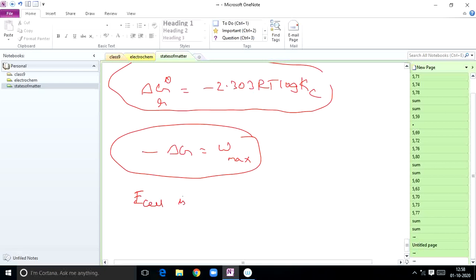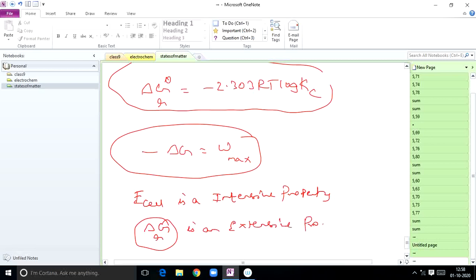One more point: EMF of a cell is an intensive property, but delta G R is an extensive property. Very important point for objective.